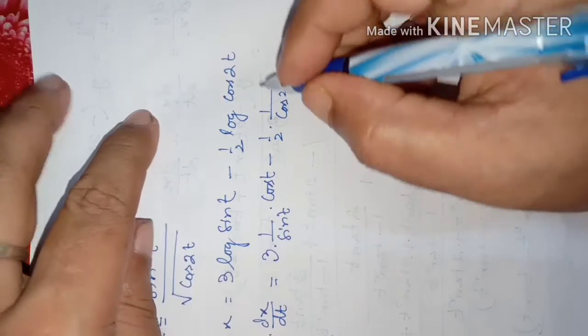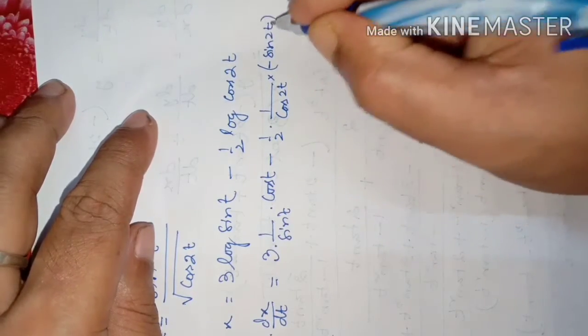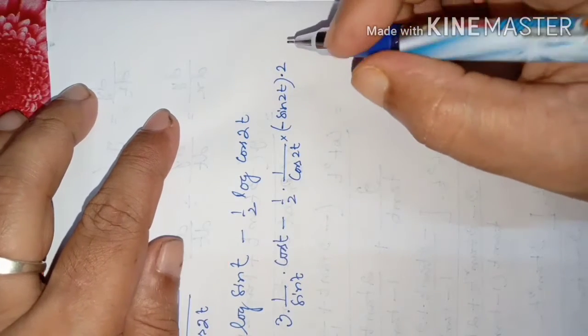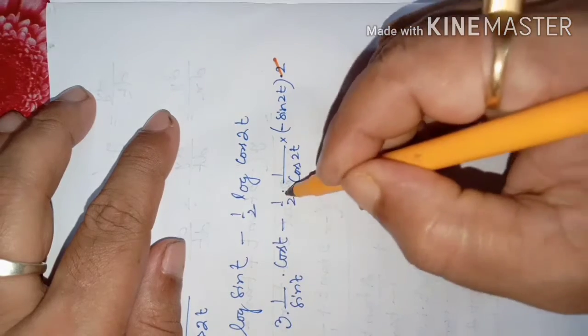Cos 2t's derivative is minus sin 2t, and 2t's derivative is 2, so into 2. Then this 2 we can cancel with this 2.